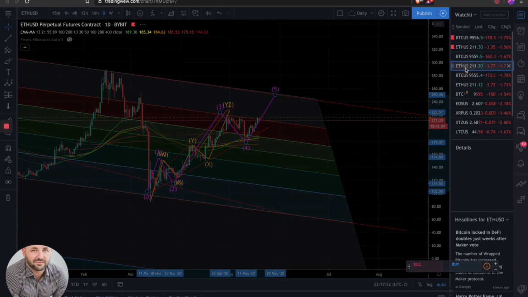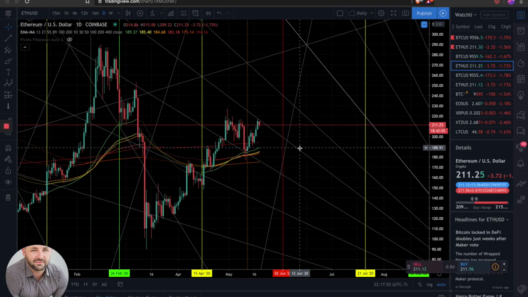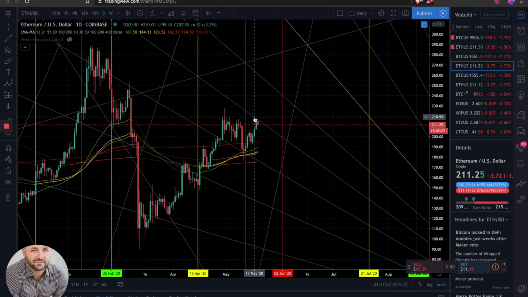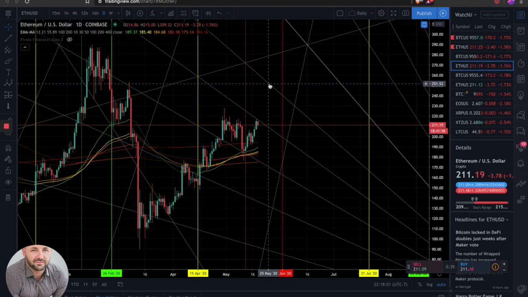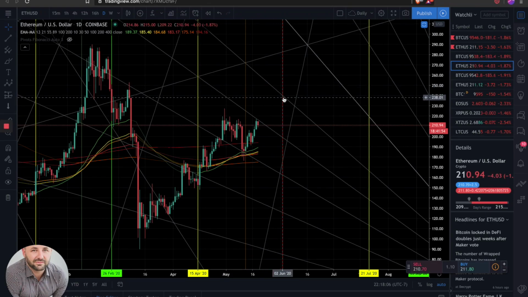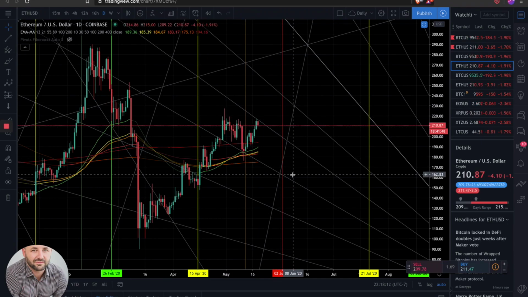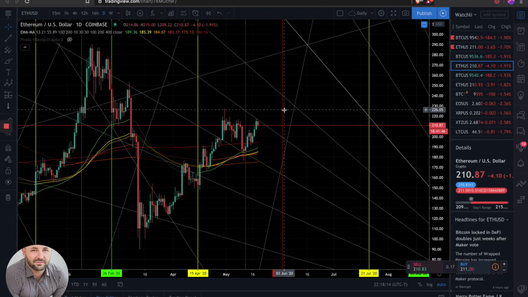Real quick, looking at the daily on the Gann chart for ETH, lined up with this resistance zone quite perfectly. Again, if we break that, depending how quick we get up there, 250, we're looking at the 236 zone right here for this time fractal, to where we could potentially see that move up and get a rejection down.